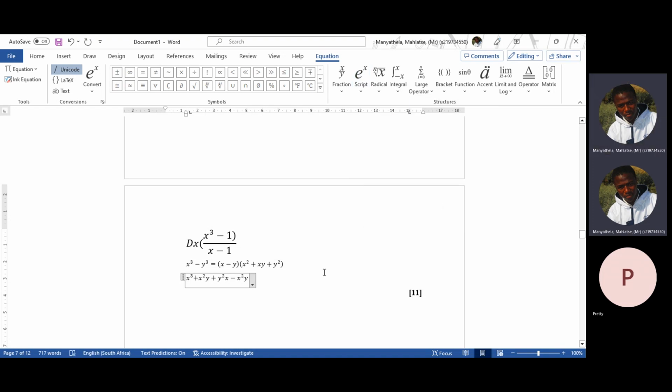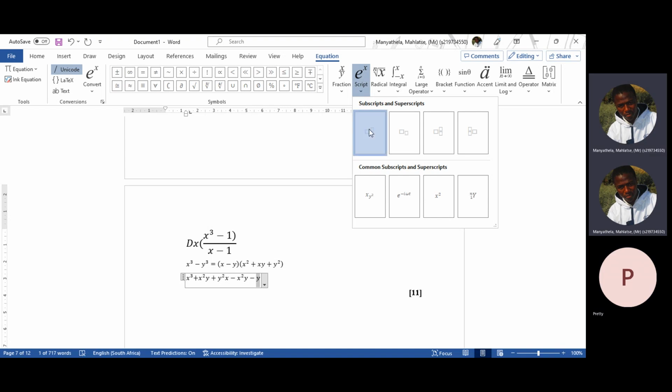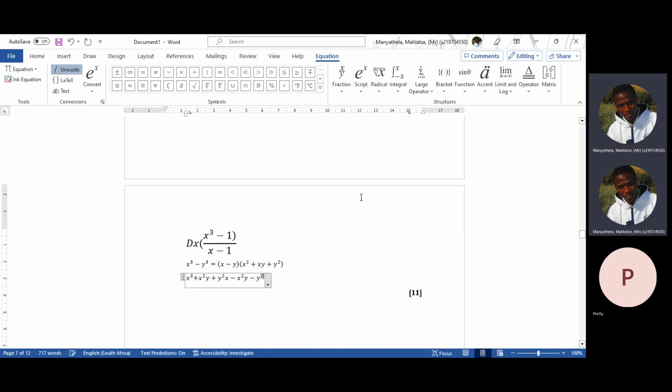Negative y times xy will be negative y squared x, because y times y is y squared, and y times x is x. And to complete it, negative y times y squared is negative y cubed.